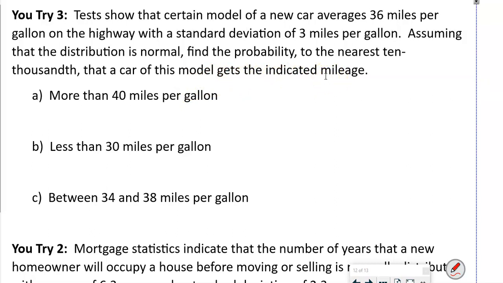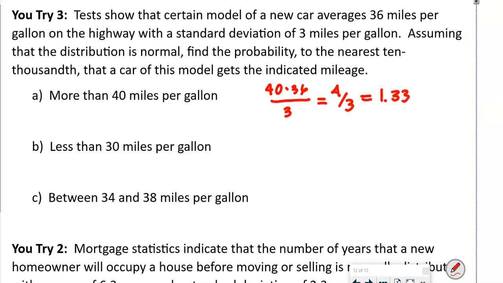We can do this with z-score or we can do it regular. I'm going to show you all how to do it with z-scores, just for the practice. So again, we've got 40 minus our 36 divided by the 3, which is 4/3, which is 1.33, okay?